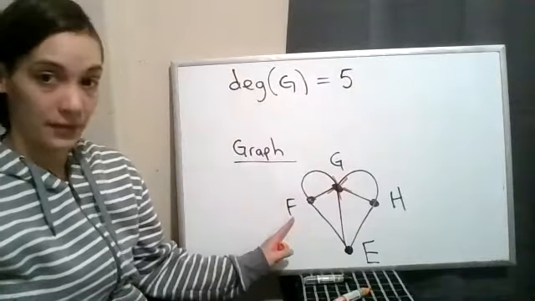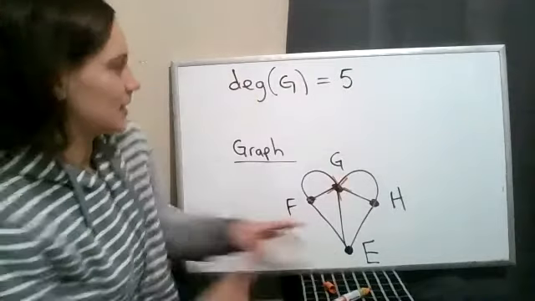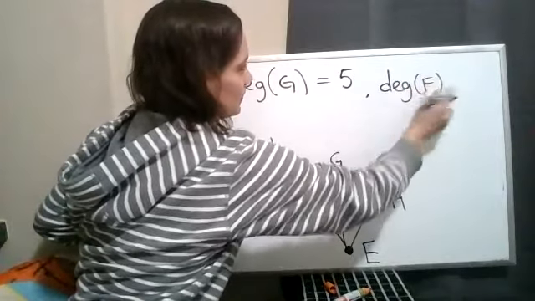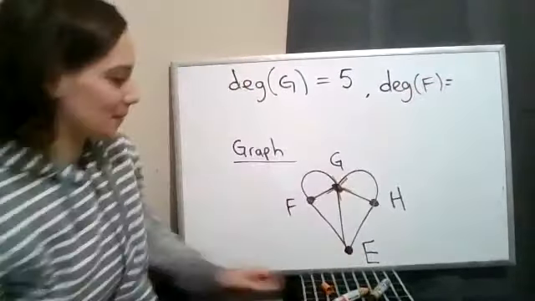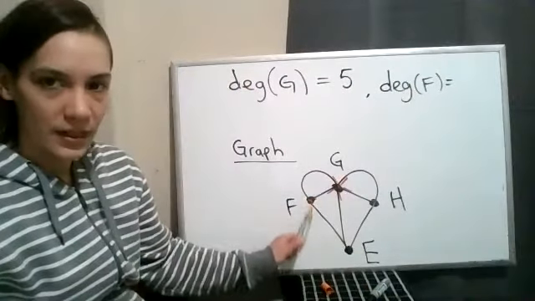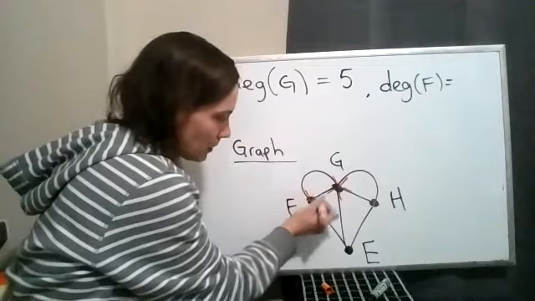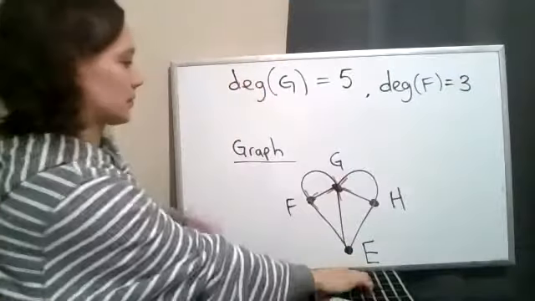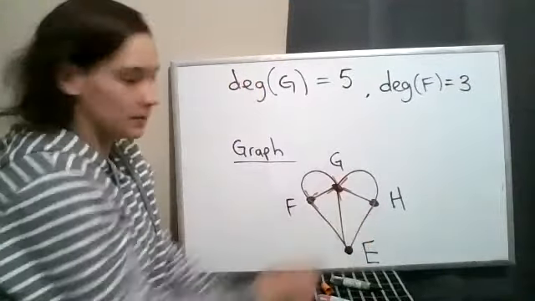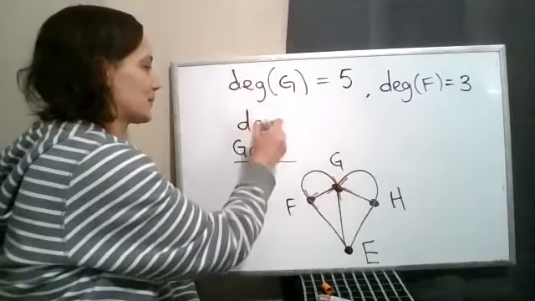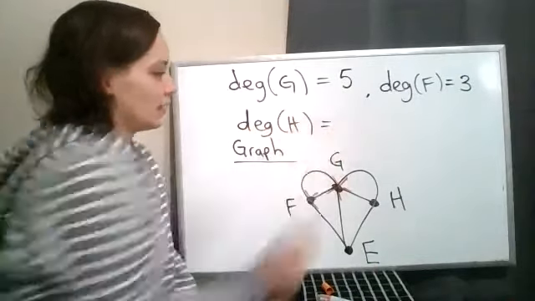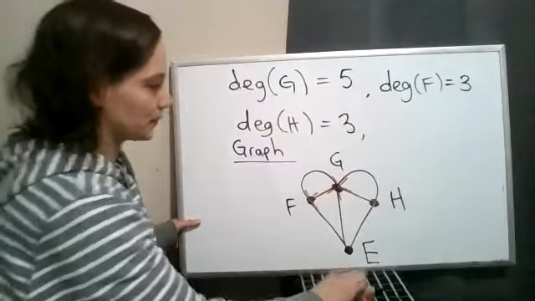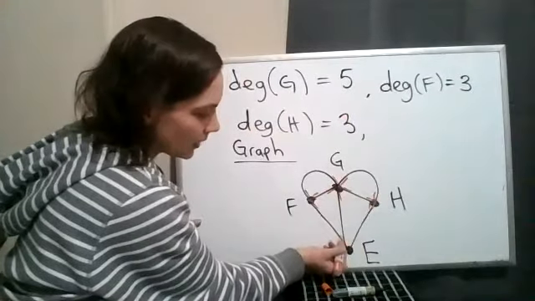Let's do F. Degree of F. So it's 1, 2, 3. 3 edges meet that vertex F. We'll go to degree of H. It's 3. Same for E. 1, 2, 3.